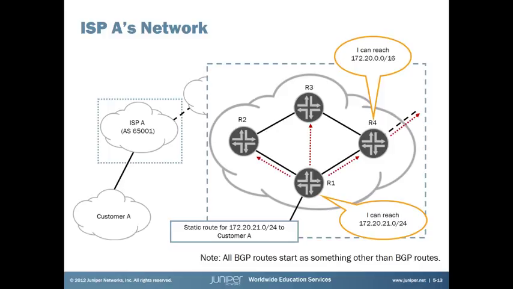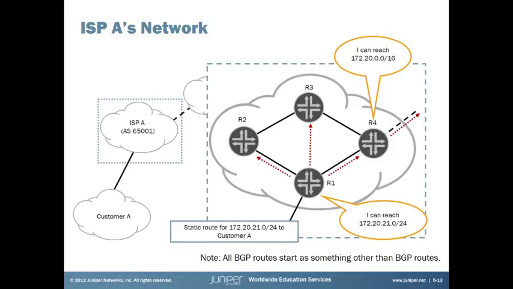We can see that on R1 we've got a static route for customer A. What we also see is that R4, which is a BGP speaking router, is advertising out to its BGP peer an aggregate route.